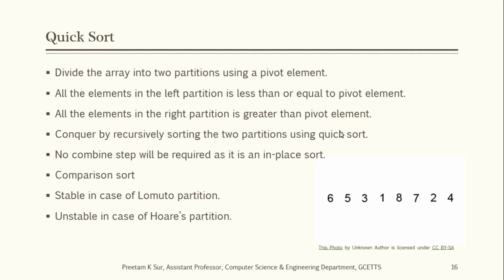This is the initial part. Now it is applying the Hoare partition, comparing from both ends. Since 2 is less than 3, it is getting into the left part. Next, 5 and 7 are compared, and so on. I will share this PPT again with you, so you can see at your own time how this partition is done.